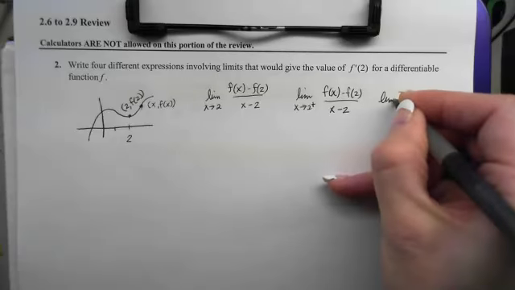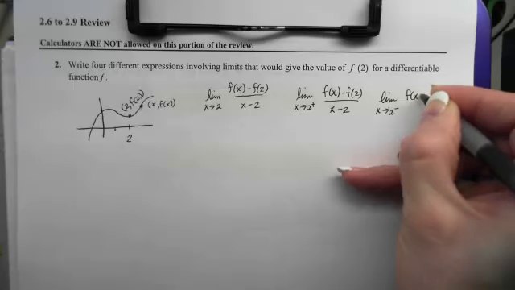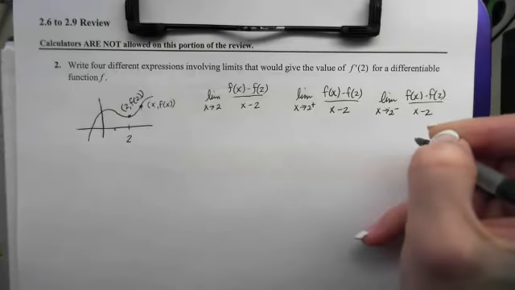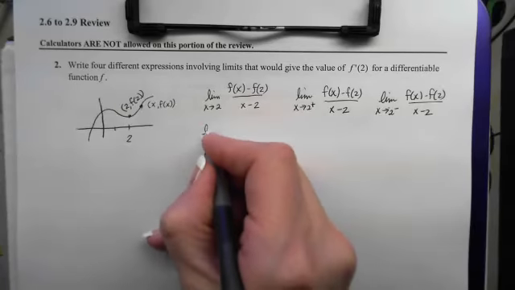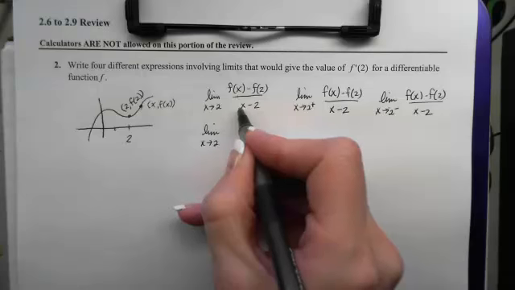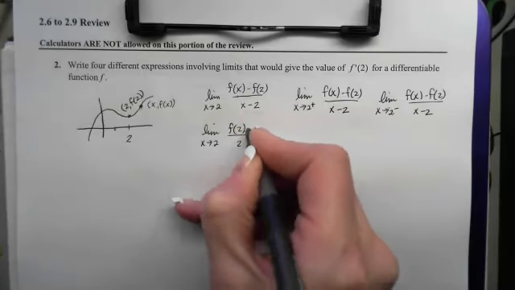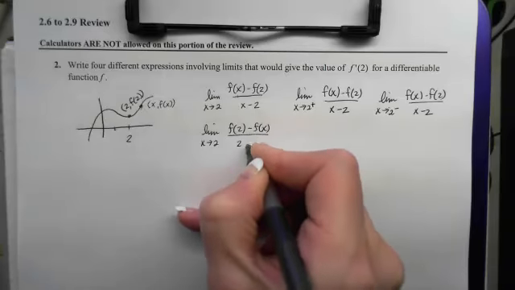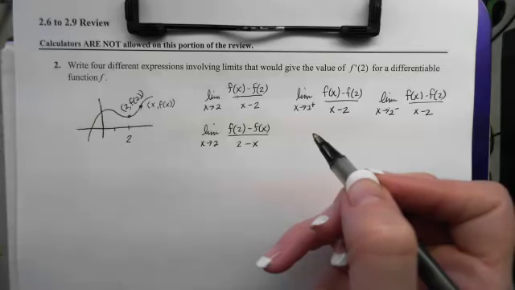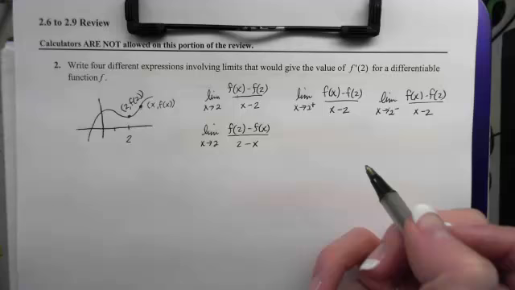By the same token, we could do our left one, and this again would be an option. Another variation on the theme is, instead of having x, f of x be the first point, I could have 2, f of 2 be the first point, and then subtract the x's. This again will give us the derivative. Notice that I could do a right and a left, so I won't waste time writing both of those again.